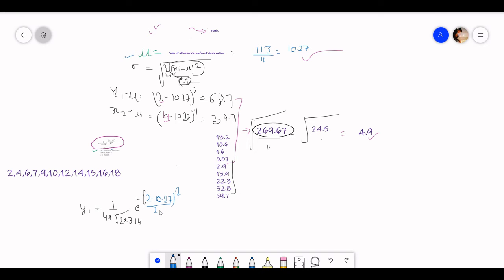Sigma is nothing but our standard deviation, 4.9. So our first part of the calculation will be nearly 112.1 upon 12.2.